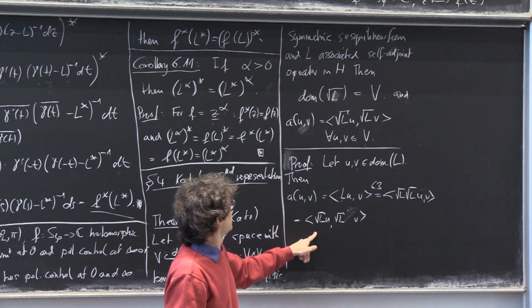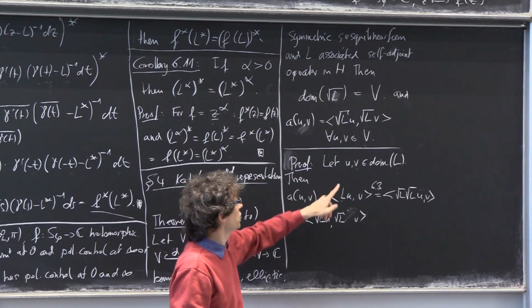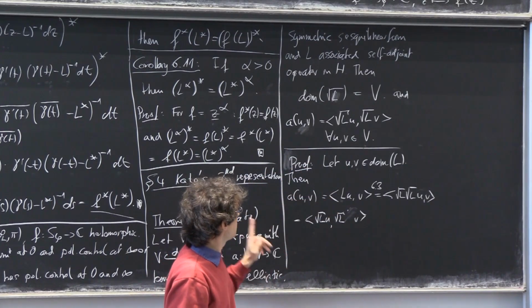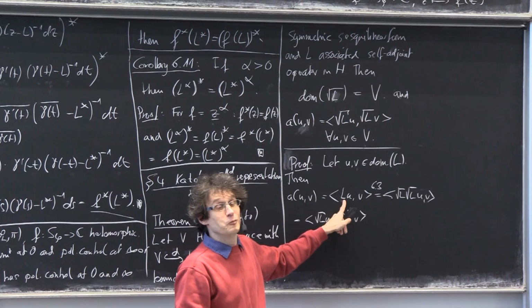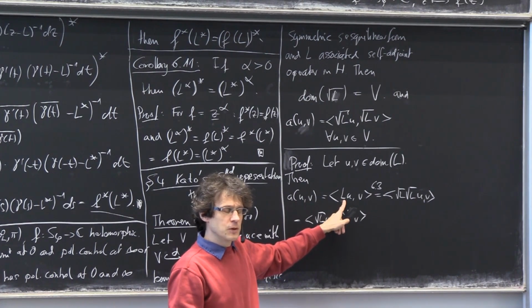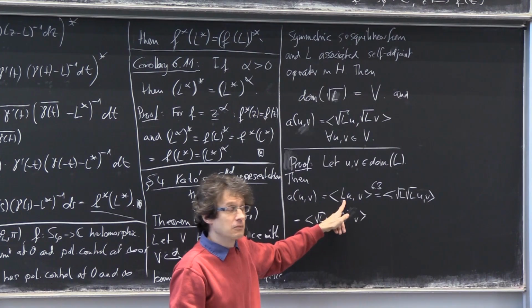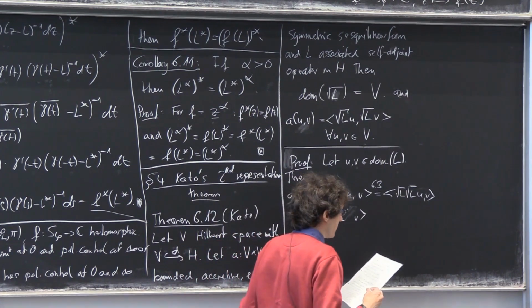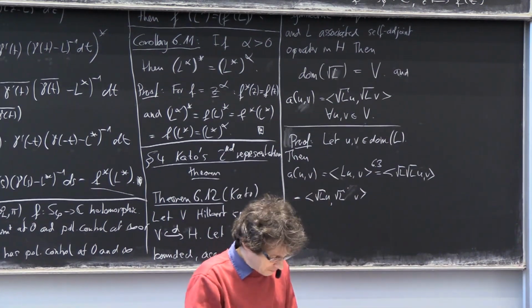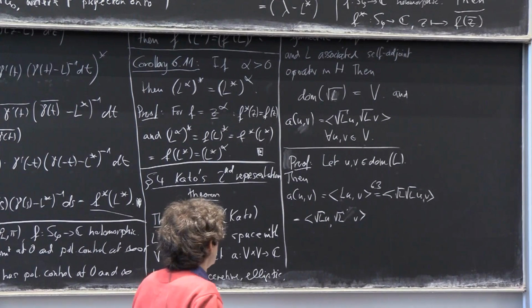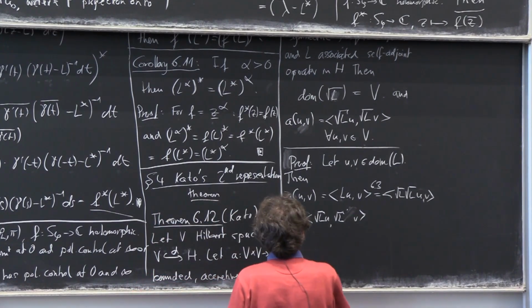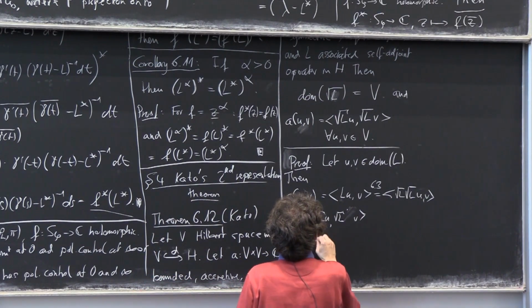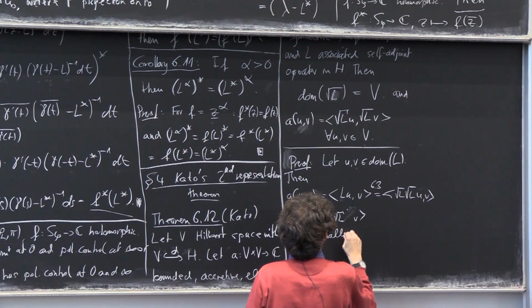And this formula holds for all u and v in the domain. Note, this only works for the domain because we went via the operator L here, and this only works if it's in the domain. So we have to do some density argument. And for this, look at the norms.